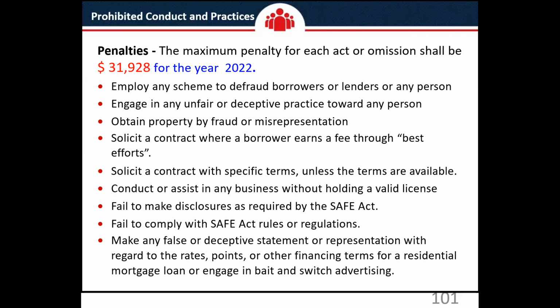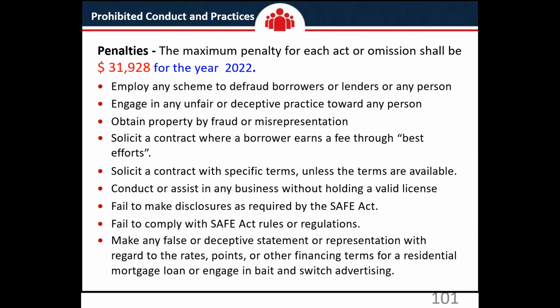If you were to obtain some property by fraud or misrepresentation, you solicit a contract, but you get a fee, and you say, well, you weren't able to get me a loan, but you know what, Miss Allen, I tried. I put in several applications for you, and I put my best foot forward. It was my best effort.